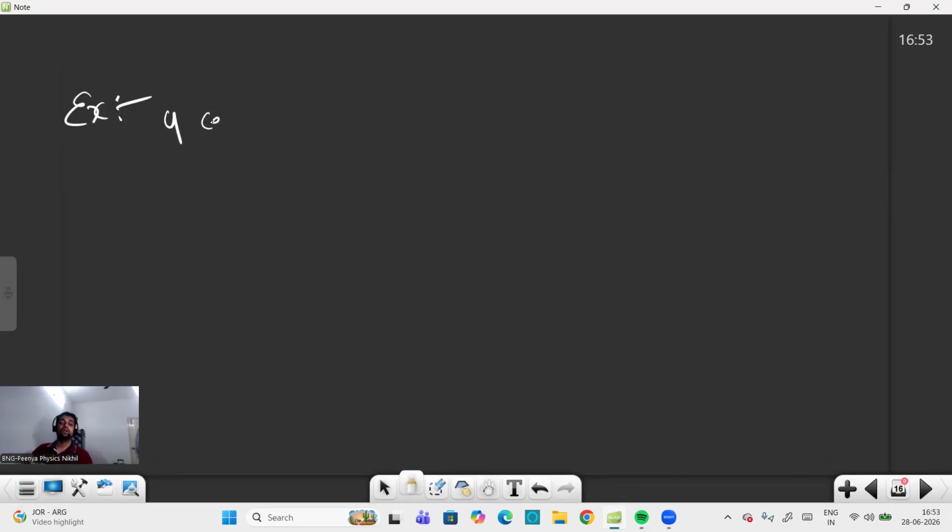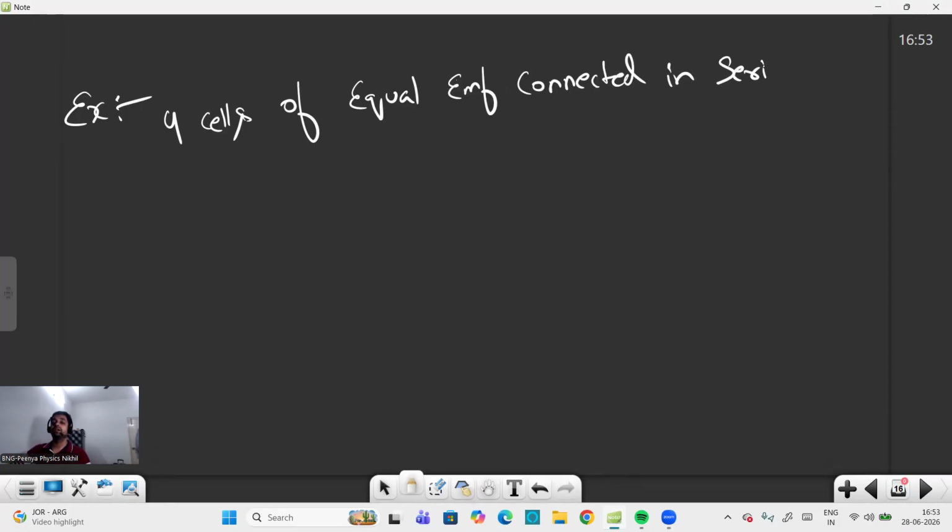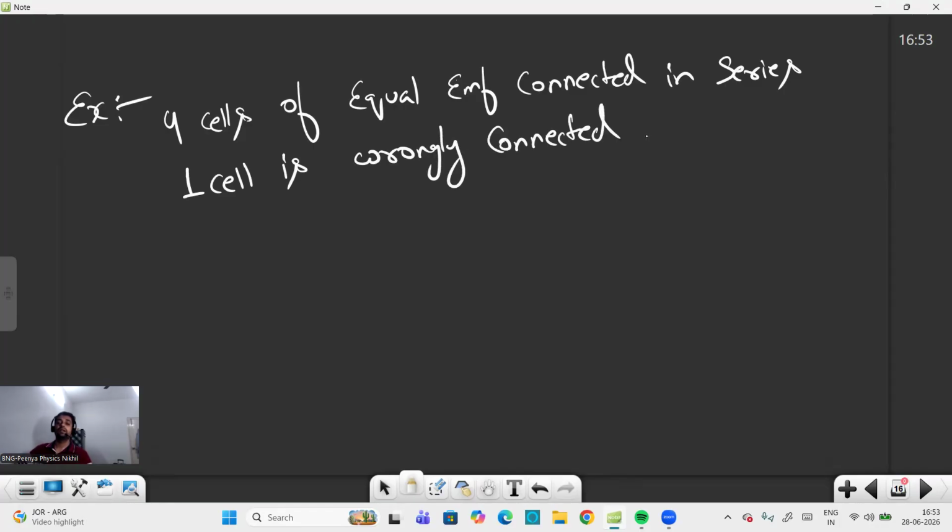Four cells of equal EMF connected in series, correct? In that, one cell is wrongly connected. So one cell is wrongly connected means now how many cells are correctly connected?